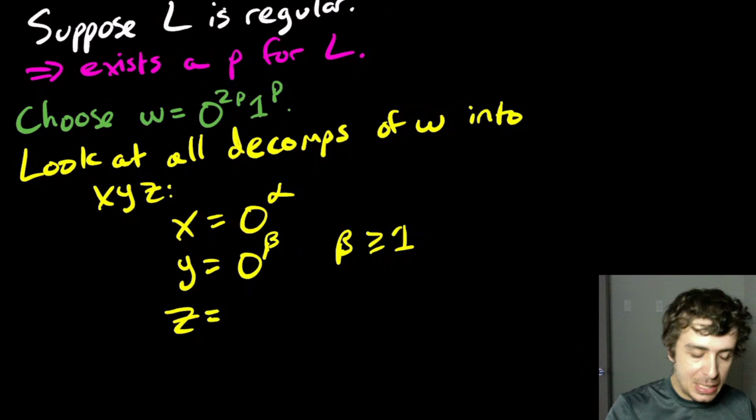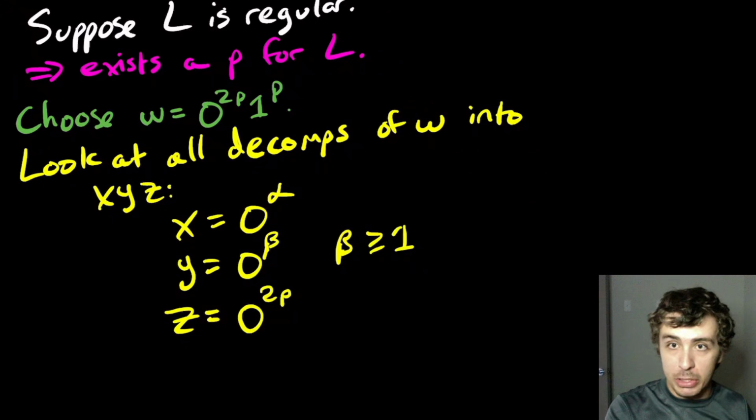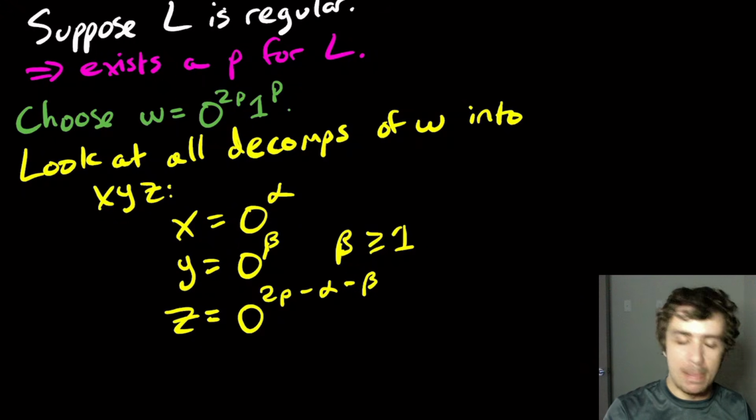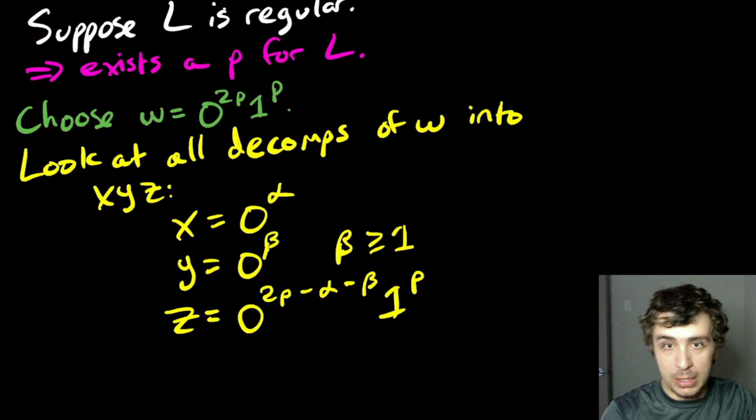And z is the rest of the string because there are only 3 parts. So we're going to have 0^(2p minus alpha minus beta), because that's what we started with minus what the x part and the y part had. And we have all of the 1s here because the first 2 pieces never touched the 1s.